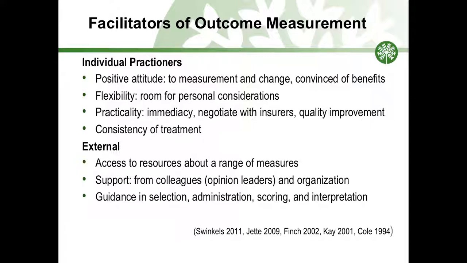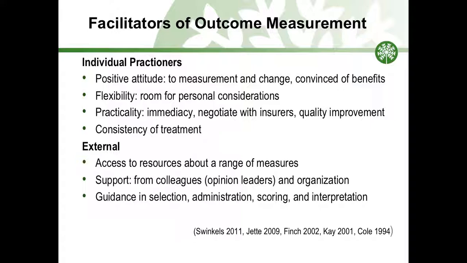So there are a lot of outcome measures. Like I said, there's an outcome database called rehabmeasures.org. There's also a database provided by the federal government called PROMIS, which has a lot of outcome measures because the government wants us to use standardized tools.